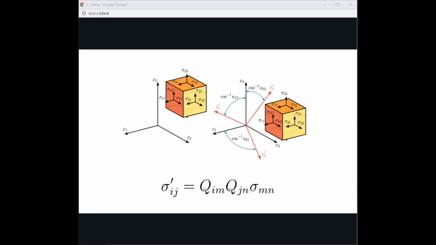When we say transformation, is defining a tensor in another coordinate system. In this case, we want to get the components of the tensor in the primed axis, x1 prime, x2 prime, and x3 prime, defined by these arrows in the red color. Okay? So how do we do that?